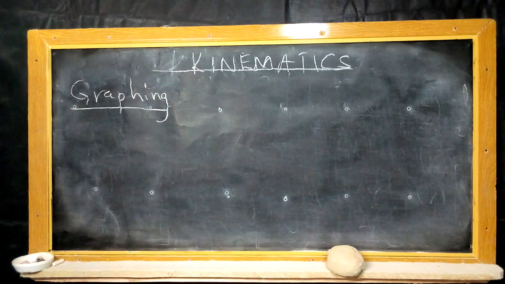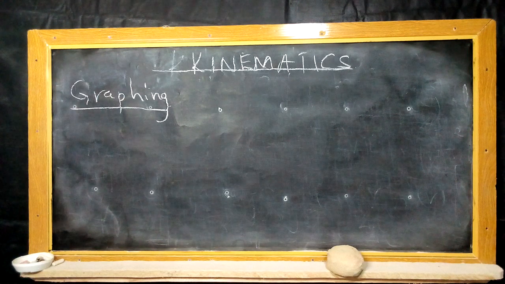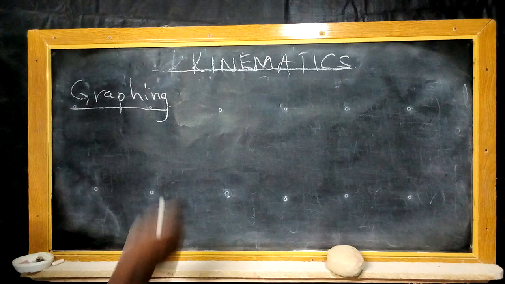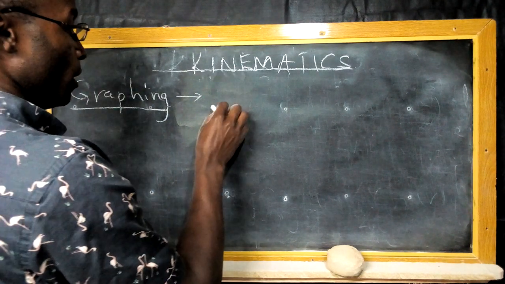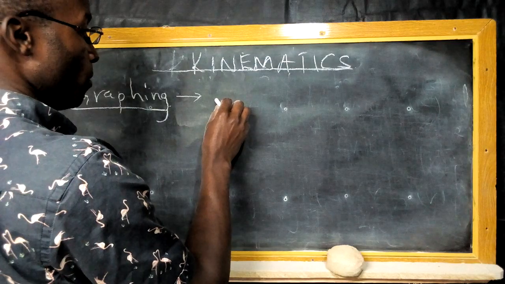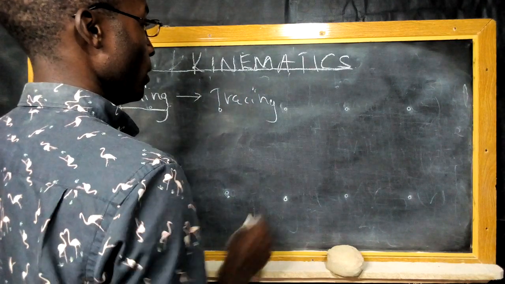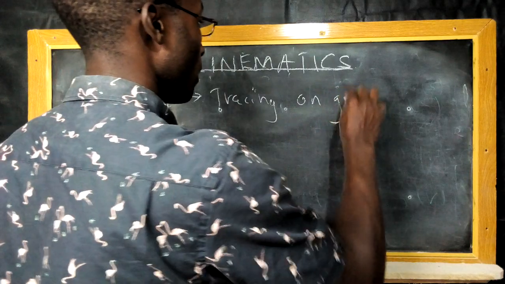In this case, graphing is a method that we're going to use in trying to interpret some of the information that we're getting from kinematics. In a sense, graphing refers to the concept of drawing or tracing on graphs.